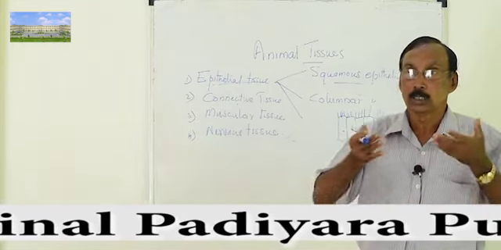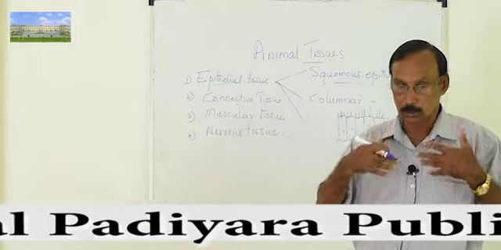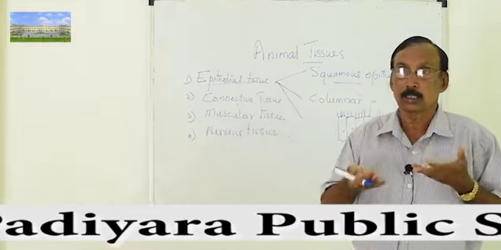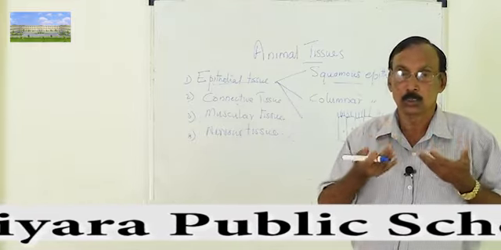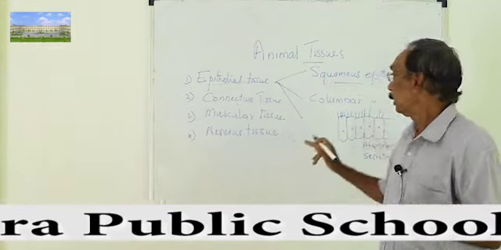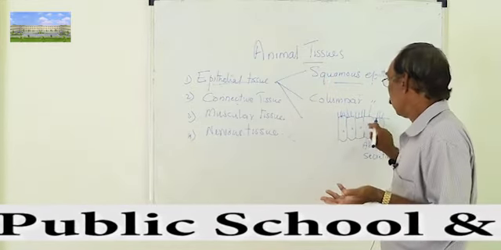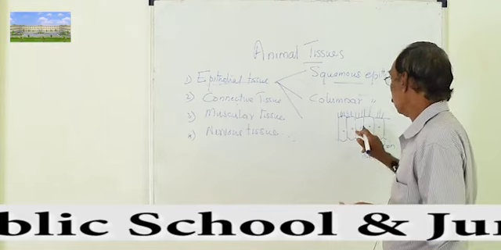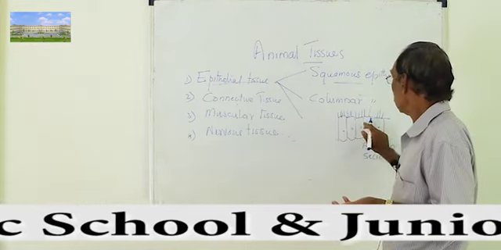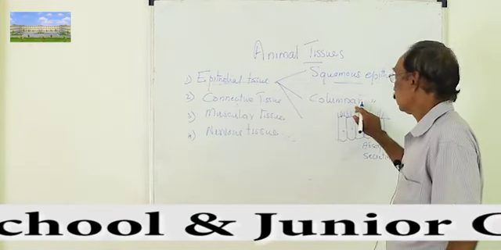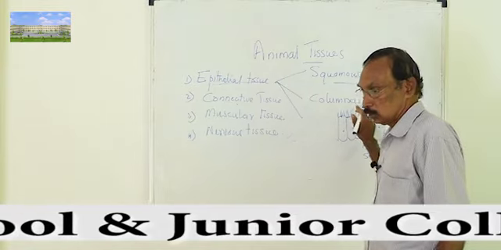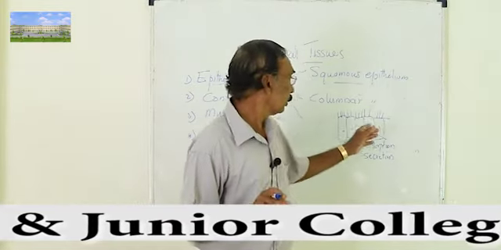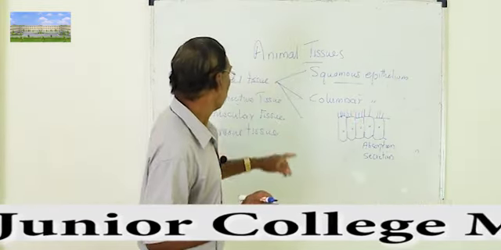If any dust gets into the lungs, the cilia are always moving, and they push out the dust, pollen grains or anything else, so that it will not go to the lungs. That is the function of columnar cells in the trachea. So this is another important type of epithelium.